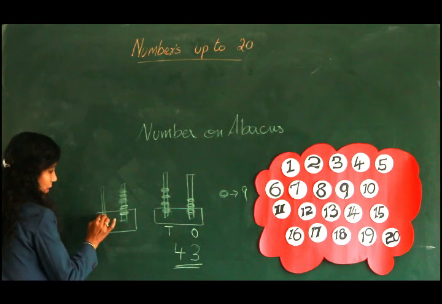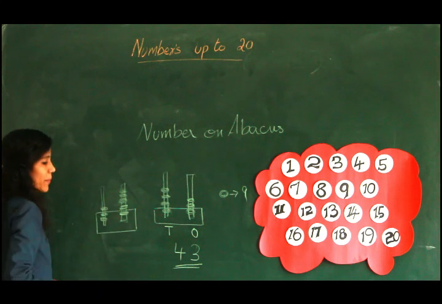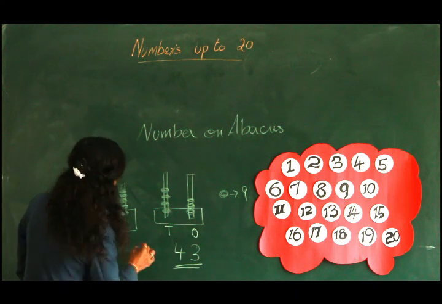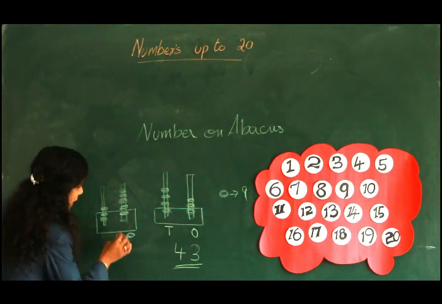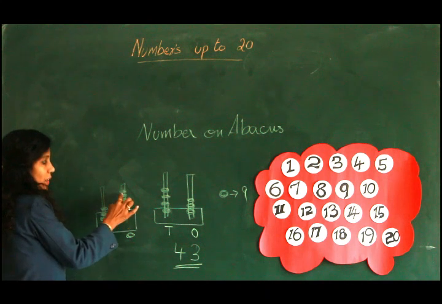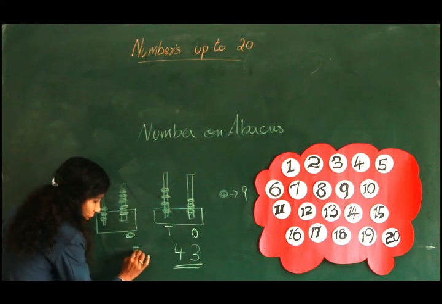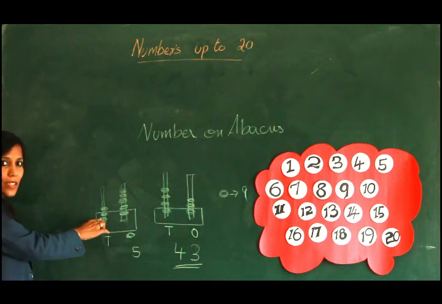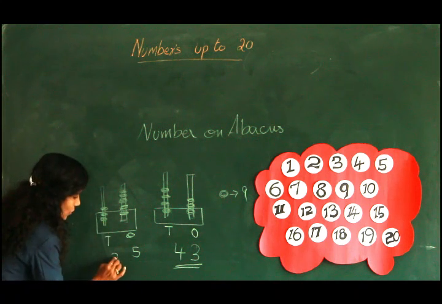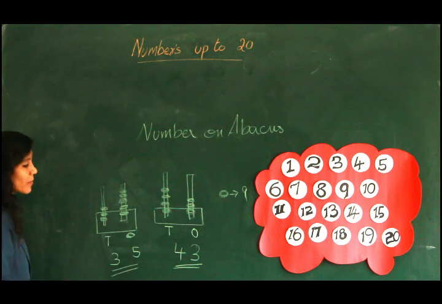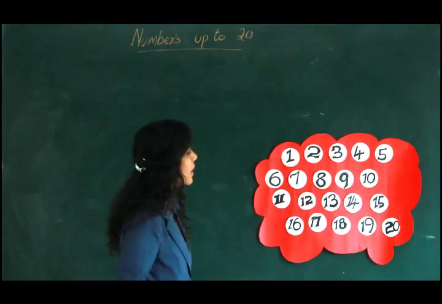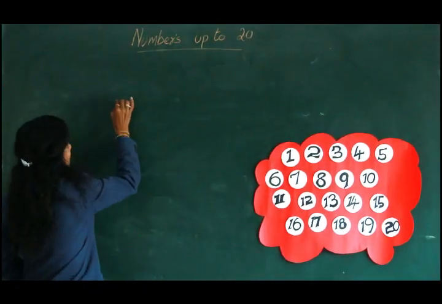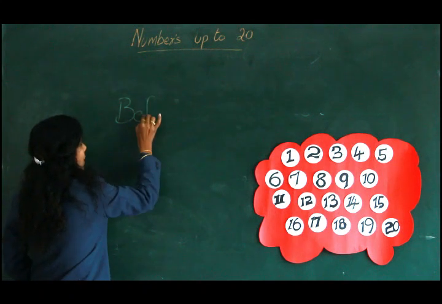We have 1, 2, 3 beads. Now how much is there in ones? In ones you have 1, 2, 3, 4, 5. So it is 5 here. And in tens you have 1, 2 and 3. So 3. So the answer is 35.